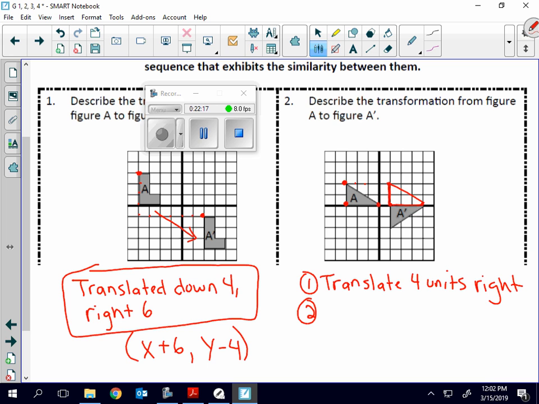It looks like I need to reflect over the x-axis. So we have a series of transformations. First translate it 4 to the right, and then reflect it over the x-axis. It would flip it over there, and then it would look like that triangle.